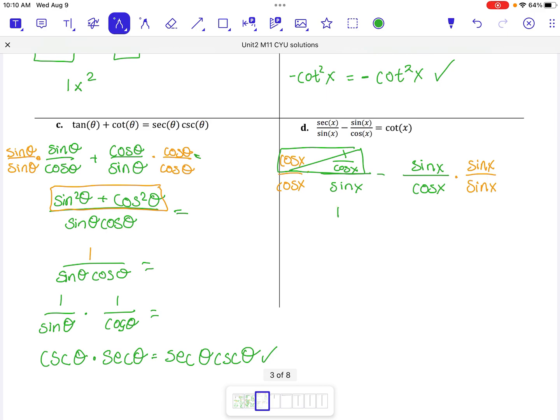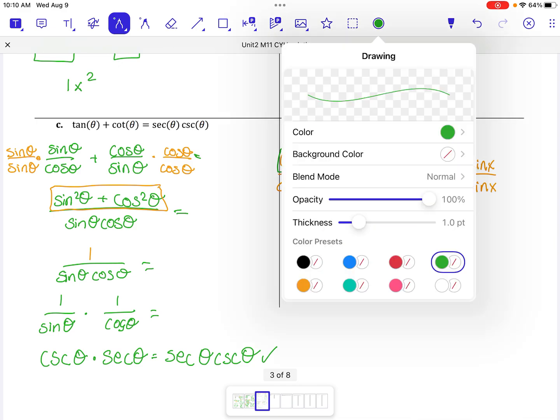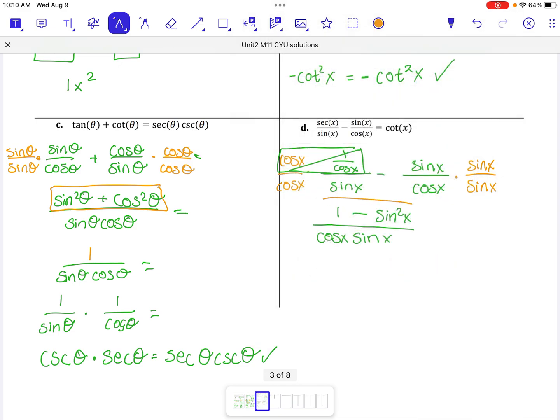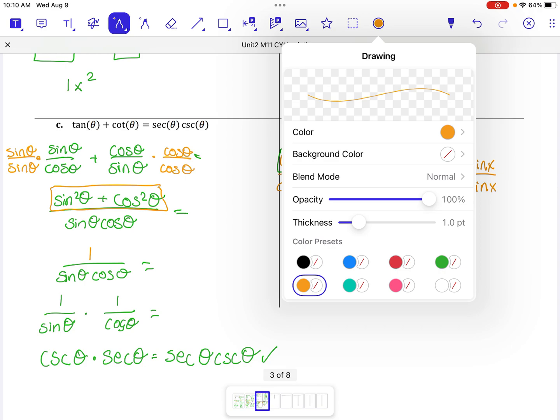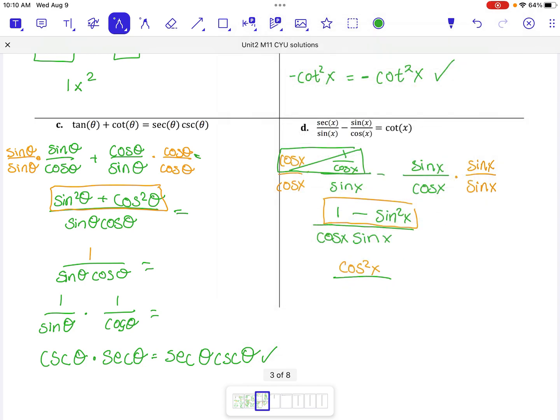So I actually have 1 over cosine of x sine of x minus sine of x times sine of x is sine squared x. Alarm bells going off in your head. Let's recognize that Pythagorean identity, which should be equal to cosine squared x all over cosine of x times sine of x.